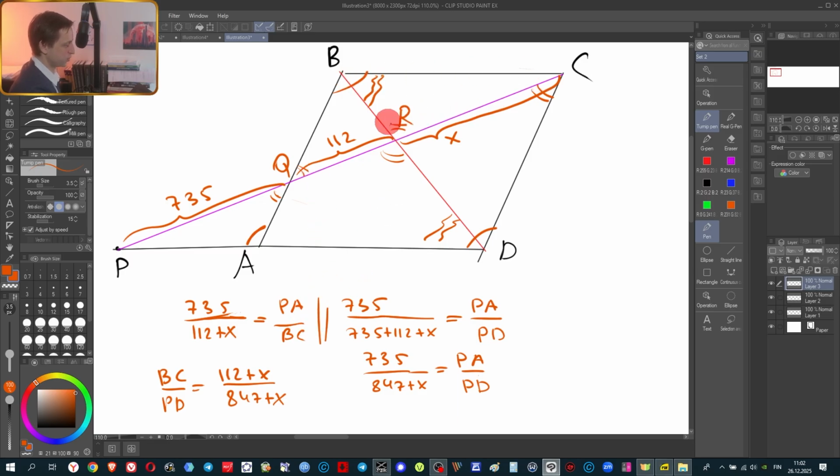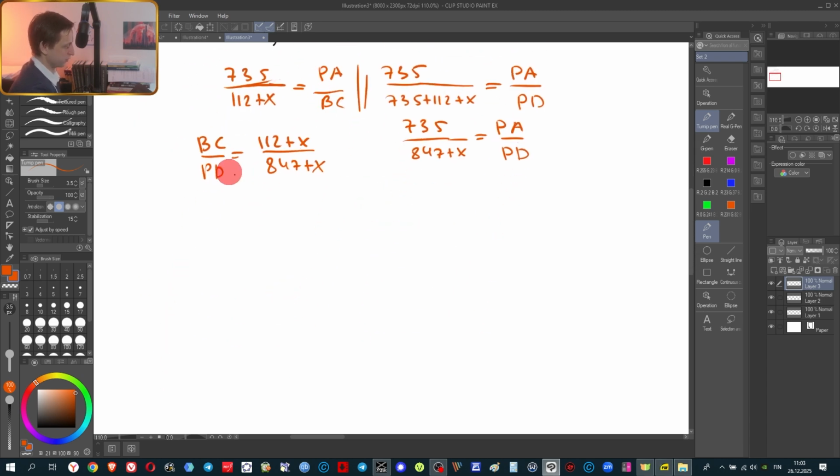So from the similarity of this triangle and this triangle, BC over PD equals x over this side, which is 847. So this one is x over 847 equals 112 plus x over 847 plus x. Amazing, we get a normal equation for x.